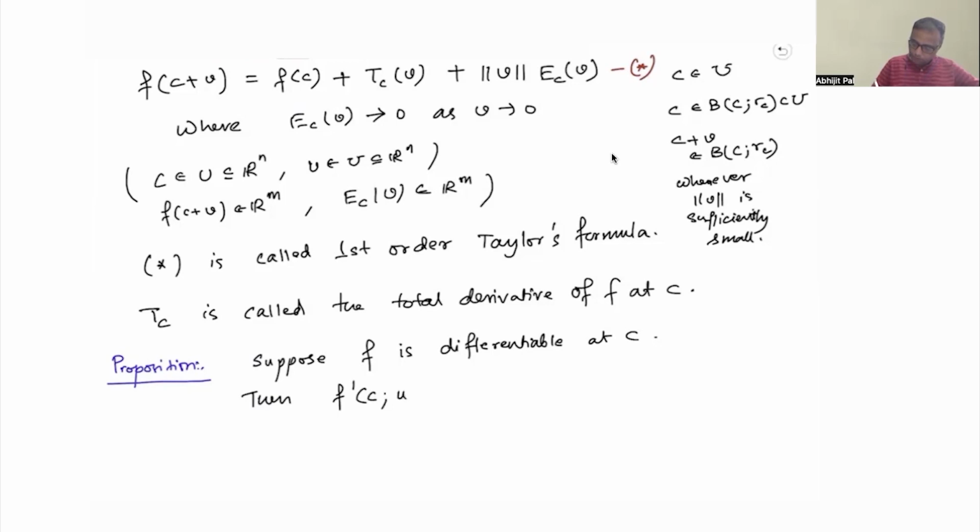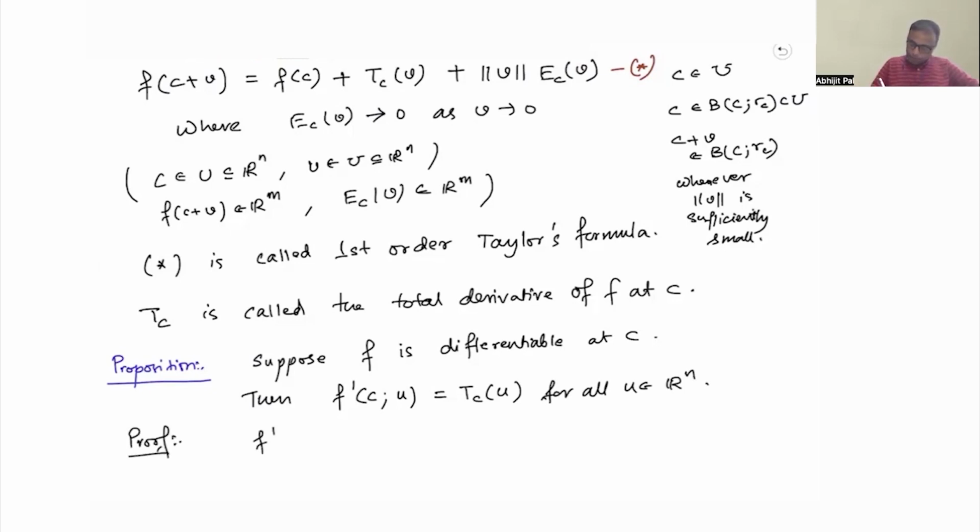So f prime c u is equal to TC u. Okay, so this we are going to prove. So this f prime c u is equal to TC u for all u in Rn, for all directions u.